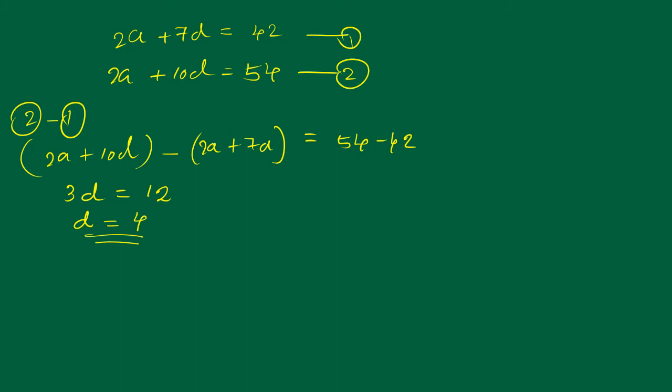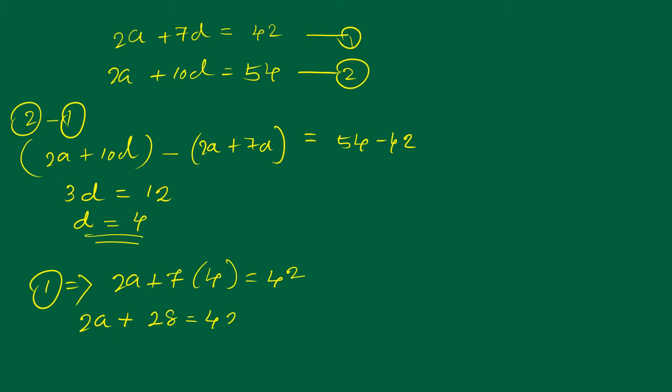The common difference is 4, and you can substitute this into the first equation, right? From the first equation, 2a plus 7 into 4 is 42, and you get 2a plus 28 is 42, and you get 2a is equal to 42 minus 28.